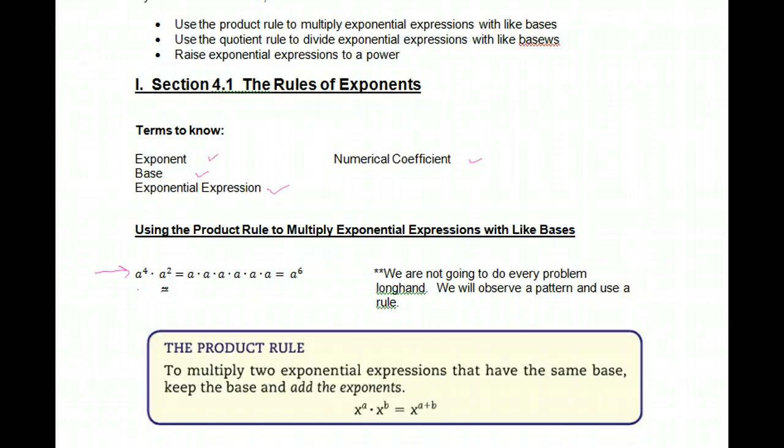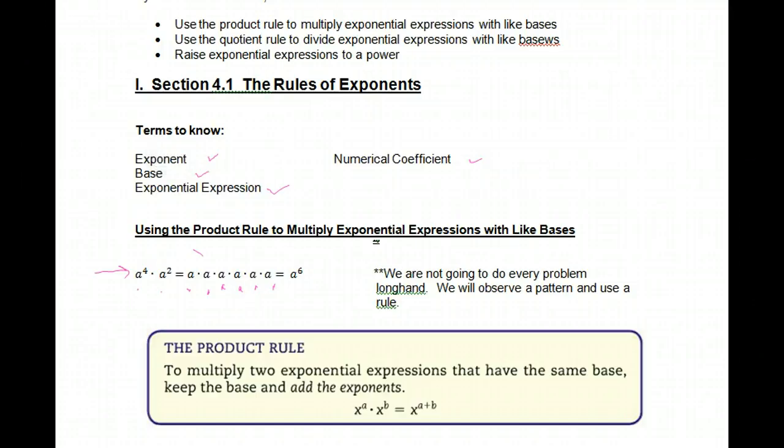You have the option of putting that problem in expanded form, where we have a times a times a times a times a times a. If you count your a's, you're going to see that you have 1, 2, 3, 4, 5, 6 a's, giving us a to the sixth.